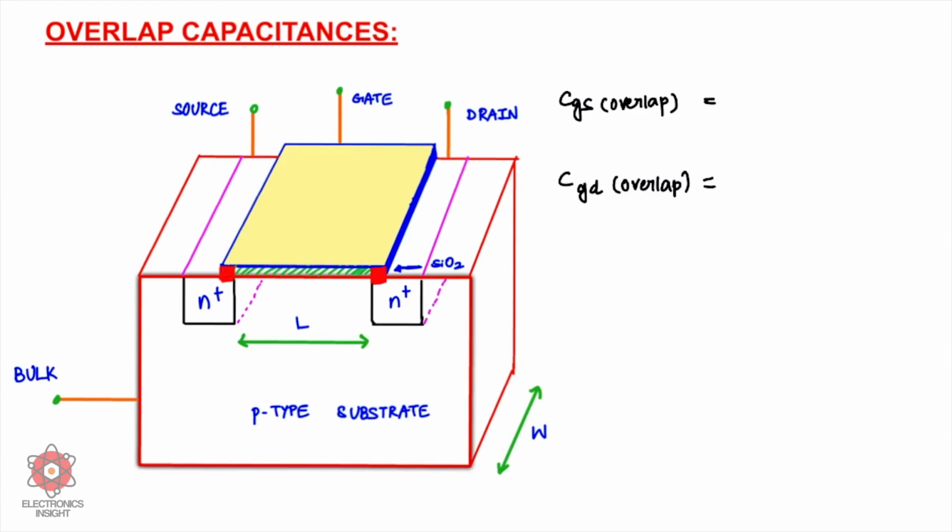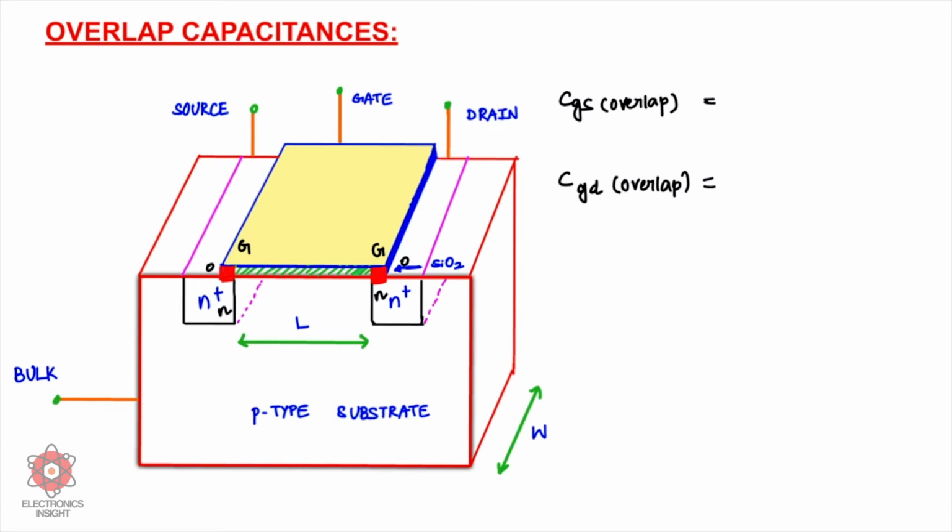Here you can see that this is the gate region and you have an oxide layer, and the overlap region is with the source, which is again N type, right? Similarly on this side also the gate oxide portion is there, and then you have an N type region which is rich in electrons. It is going to be a conductor. So there is a formation of capacitance.